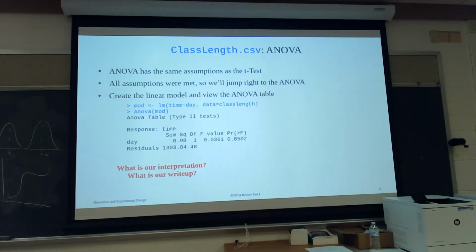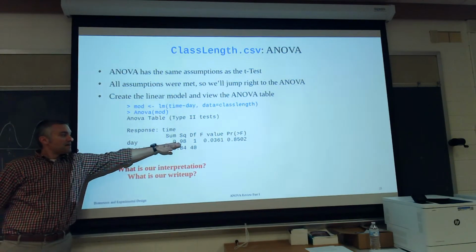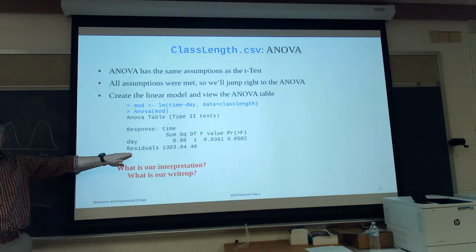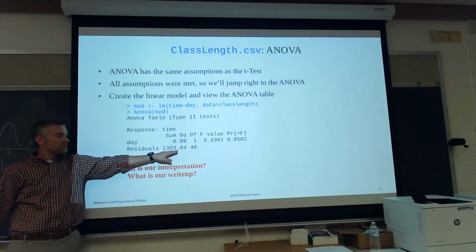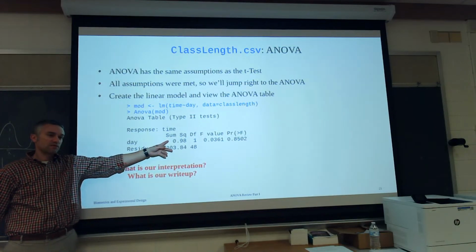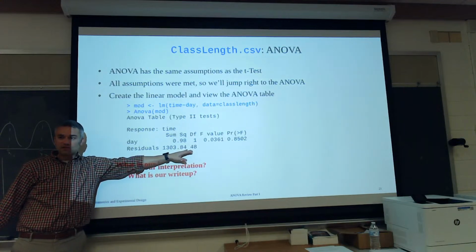Now, what about these? Remember the treatment and the error? Treatment, day, that's our sum of squares term. The residual, that's our error, 1303.84. Right? These are both sums of squares. We have to take the averages by dividing by their degrees of freedom to get the mean square values.